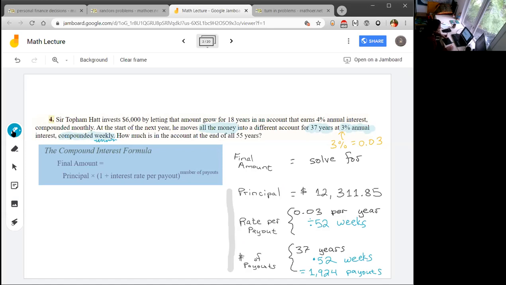Instead of having a ridiculously small decimal that I am too tempted to round in the middle, and that would make a mistake, I'll just put 0.03 divided by 52 there. If you want to do the decimal to make it look exactly like the previous problem, you can. But just to be a little more accurate, I'm going to go ahead and use these parentheses that I otherwise could leave out.